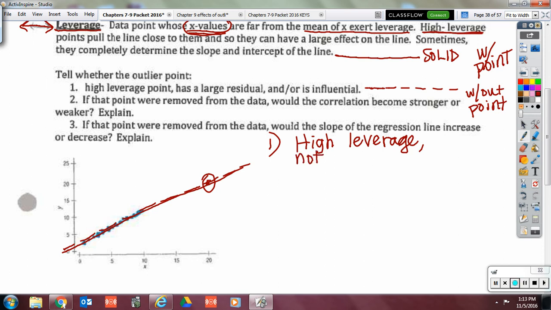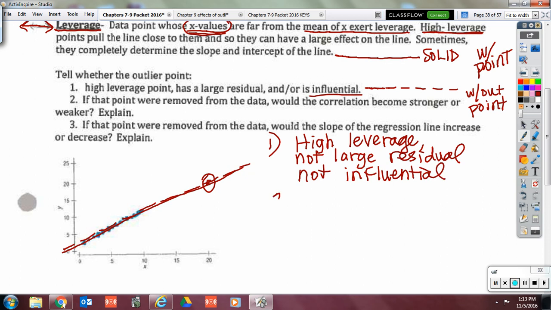So it is not a large residual. And then the other question is, is it being influential? Remember the definition is, removing that point significantly impacts the equation of the line. So do you think that is being influential? And I do not think it is being influential.